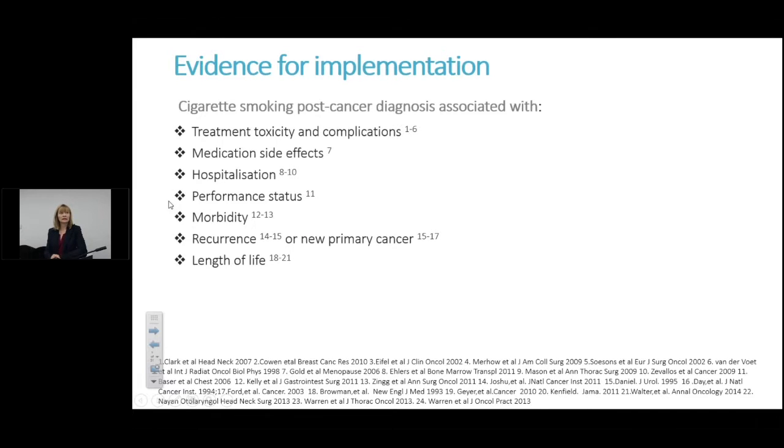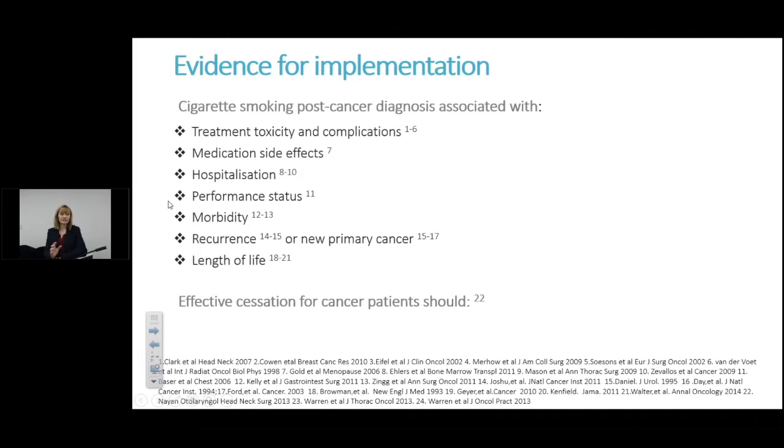But in fact, cigarette smoking post-cancer diagnosis is associated with greater treatment toxicity and complications, greater medication side effects, an increased likelihood of hospitalisation, poorer performance status, so that's general health, quality of life type thing, greater morbidity, an increased likelihood of recurrence of cancer or a new primary cancer, and also a shorter length of life in the order of something like 6 to 18 months, with a lot of caveats around when that happens.